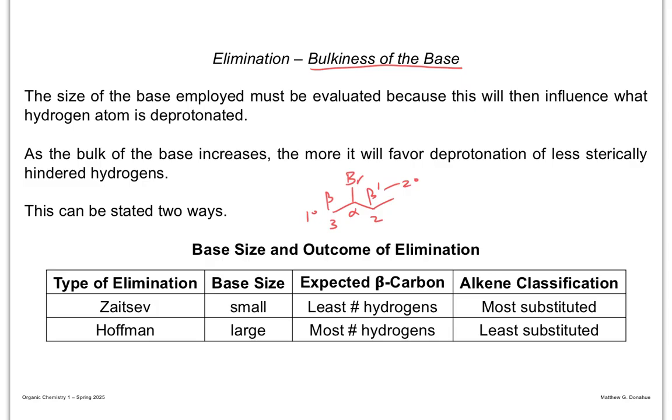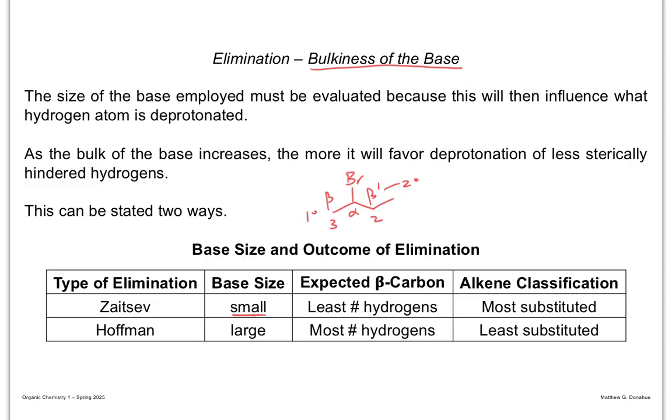The first type of elimination is called the Zaitsev elimination. That's going to use a small base, and it's expected to act upon the beta carbon with the least number of hydrogens. The result is it's going to form an alkene that's more substituted.